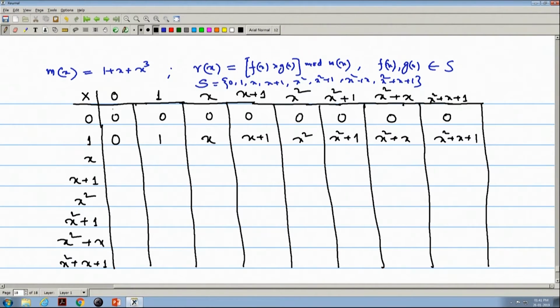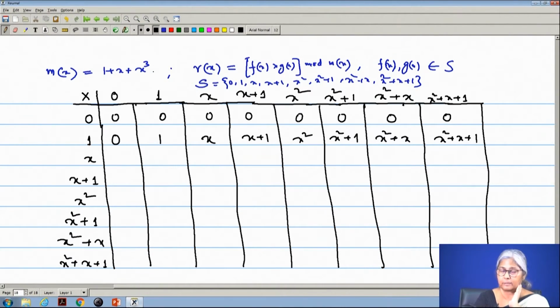If I multiply with x, this time if the degree of the product polynomial is more than 3, then I have to take the remainder.